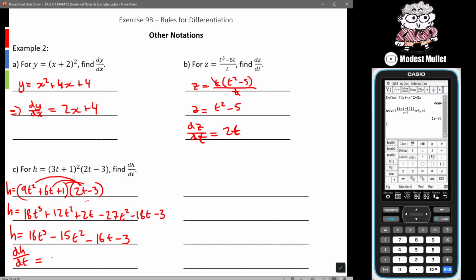Hold on, let's just stop and think for a second. 3 tens are 30, 3 eights are 24, 30 plus 24 is 54. 54t squared, minus 15 times by the 2 is 30t, and the 16t just becomes minus 16, and the negative 3 disappears. So there we go.